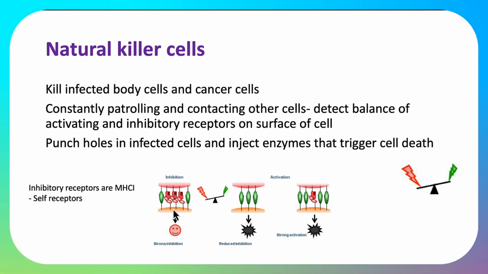If there's more or only MHC ones, then that's fine, and it inhibits the natural killer cells. But if there's only the antigens, or if there's more antigens than there are MHCs, well, that gives you the activation of the natural killer cells.